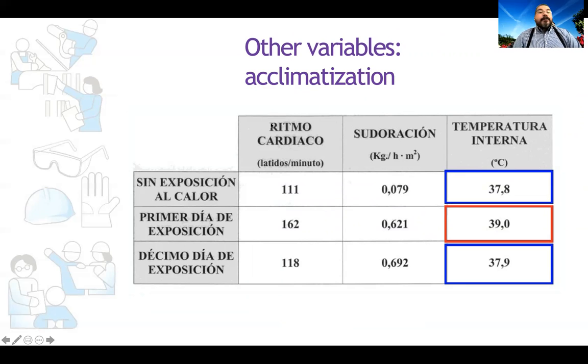And in those terms, we must mind the number of pulses per minute, the cardiac rhythm, the sweating, and the internal temperature. If you are not exposed to heat, your internal temperature shouldn't go up from 37.8.